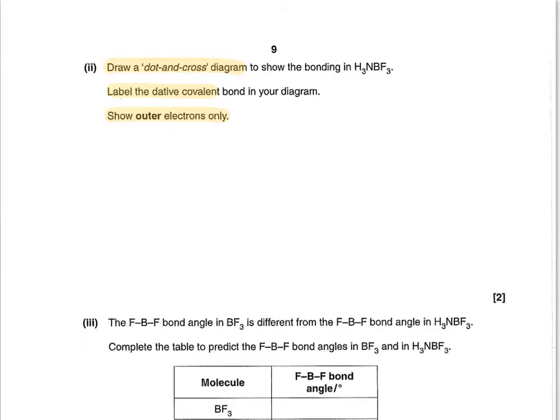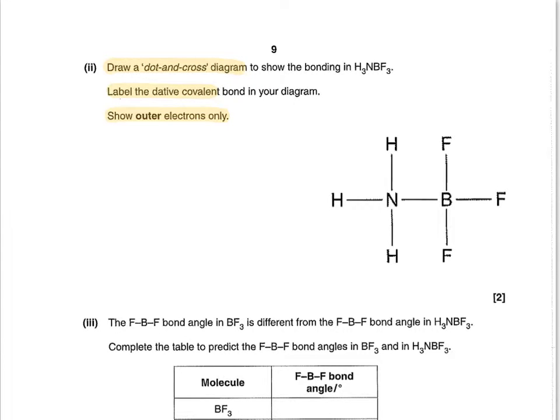So in this question what I've done is I've highlighted the instructions, so I know exactly what to do. So I'm going to take the displayed formula of H3NBF3 from the previous page and pop it on this one so that we can use it to work out how to do our dot and cross diagram.